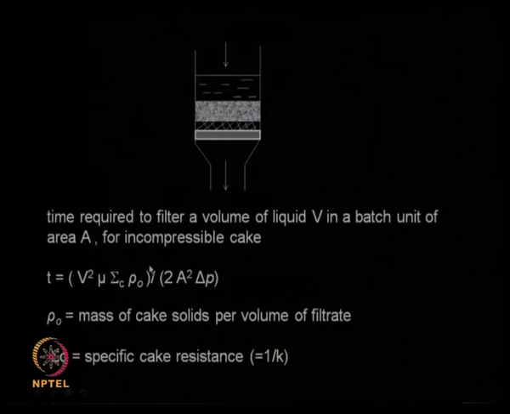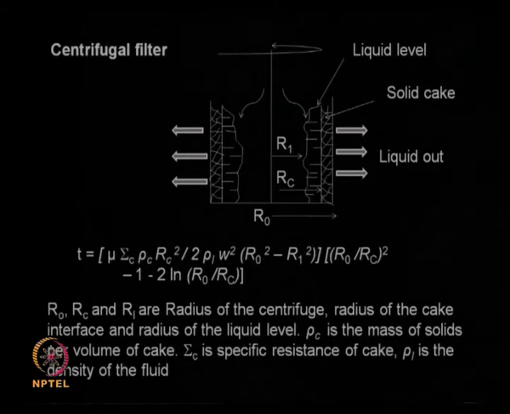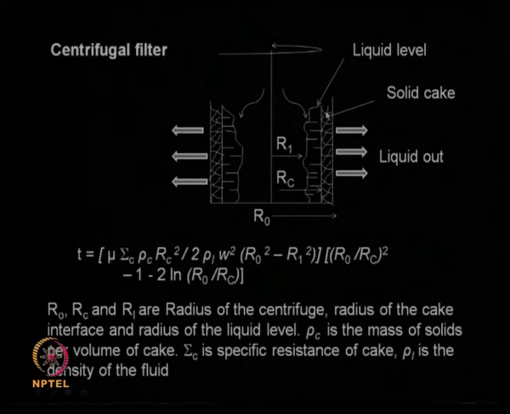Now similarly, you also have an equation for the centrifugal filter. The centrifugal filter, I think I explained in the previous classes, can be used to filter solids using a centrifuge. This filter contains a porous basket, and the cake is formed along the periphery of the cylindrical portion of the centrifuge.